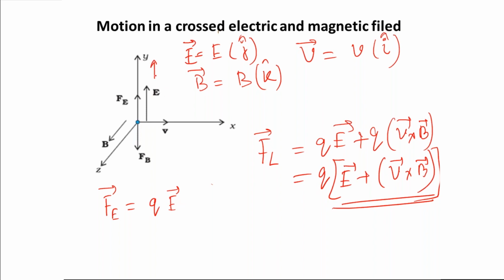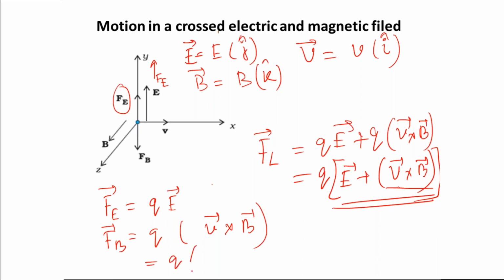Now I have to see the direction of the magnetic force, which is Q into V cross B. This V I can write as V I cap, and this B I can write as B K cap.